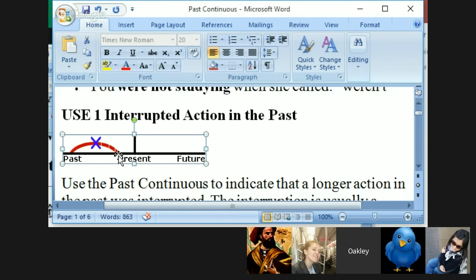In the diagram here, the red line, okay, that shows duration, a long period of time or longer period of time, is actually representing the past continuous verb tense. The little purple X is the interrupted action, and actually it would be a simple past verb tense. Or the little purple X here in this diagram could also be a specific time in the past, in September 1984, whatever.